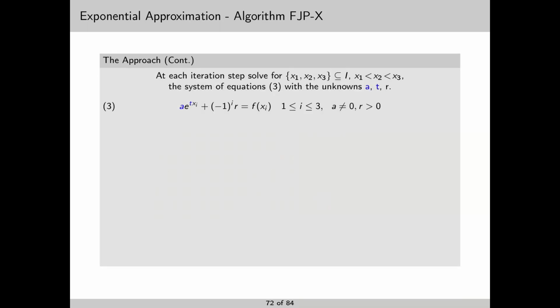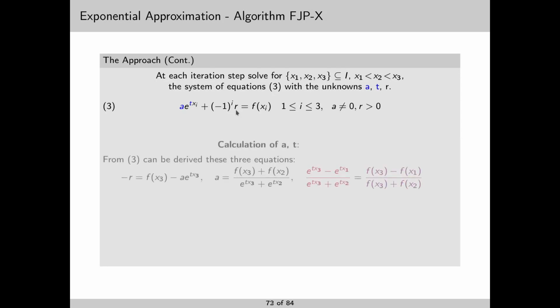At each of the iteration steps pointed out above, we have to solve these equations. Given 3 points xi, with the properties from above, we have to find the unknowns a, t, and r of system 3. Elementary operations give us these 3 equations.